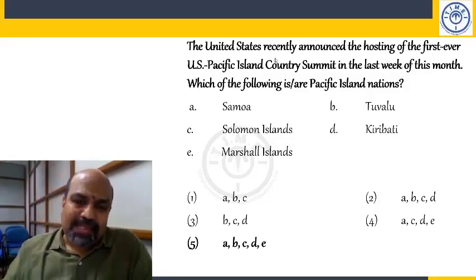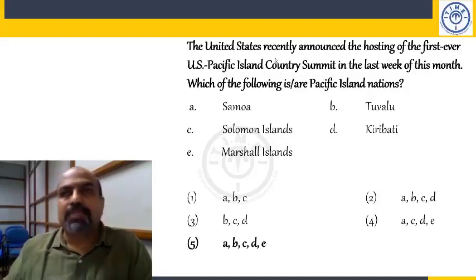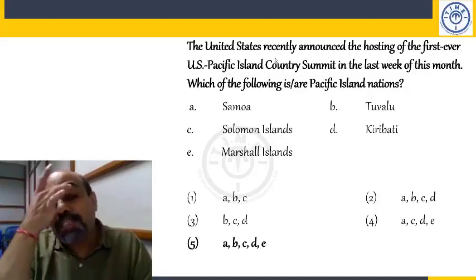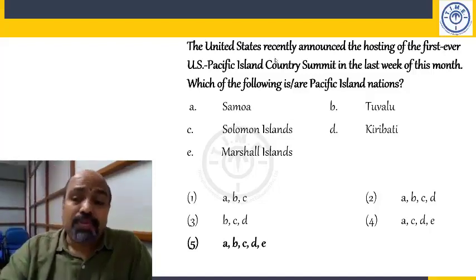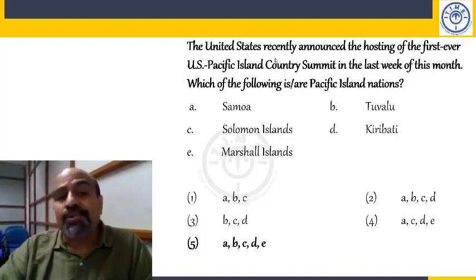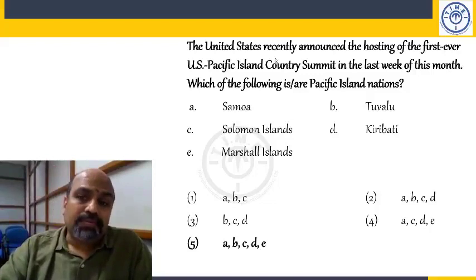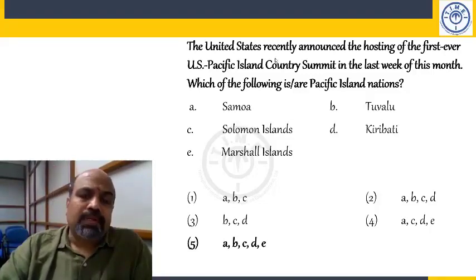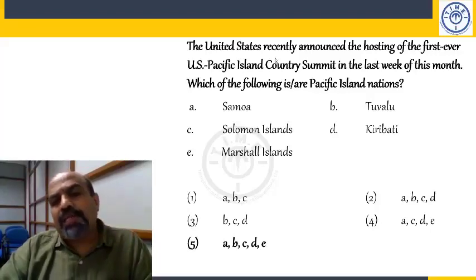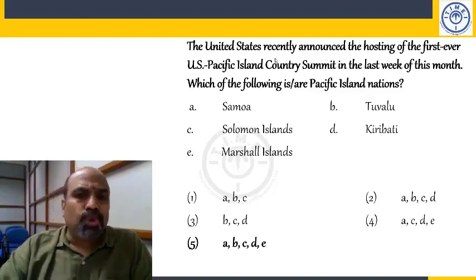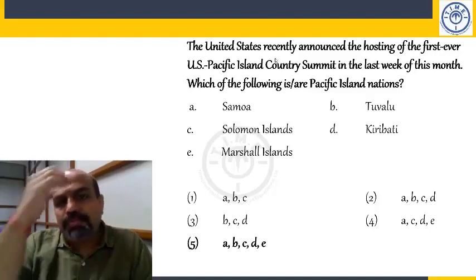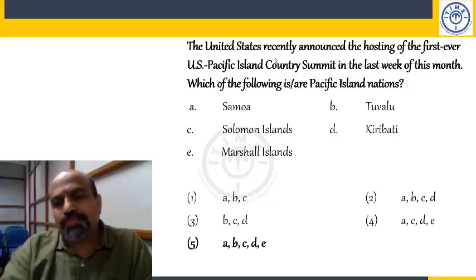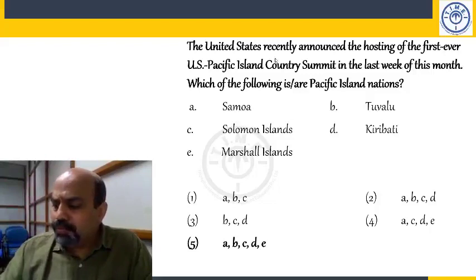Kiribati's capital is South Tarawa, S-O-U-T-H, T-A-R-A-W-A. Last one, Marshall Islands: Majuro, M-A-J-U-R-O.